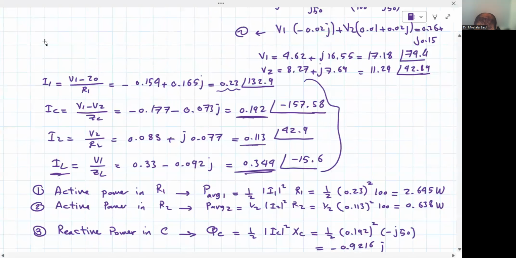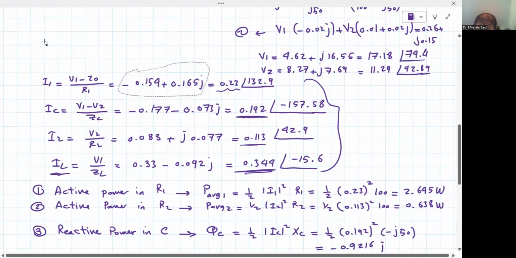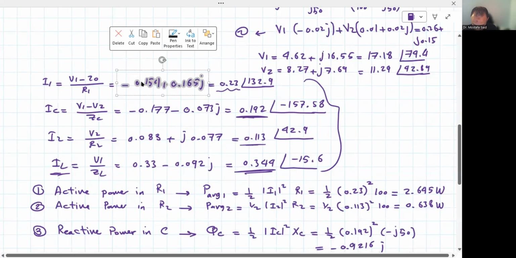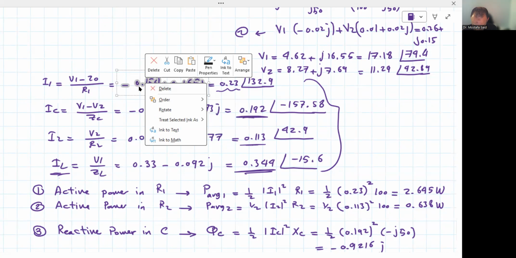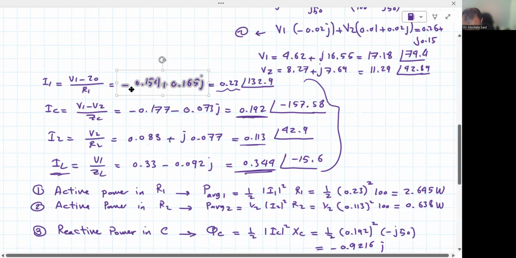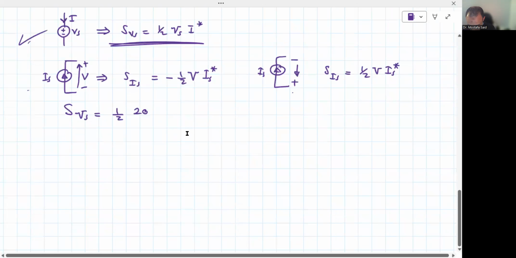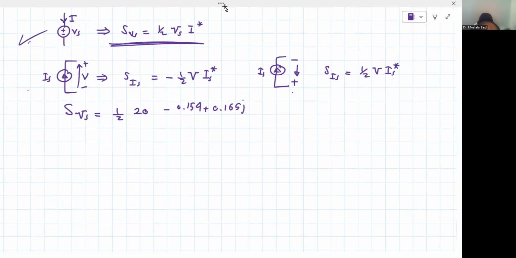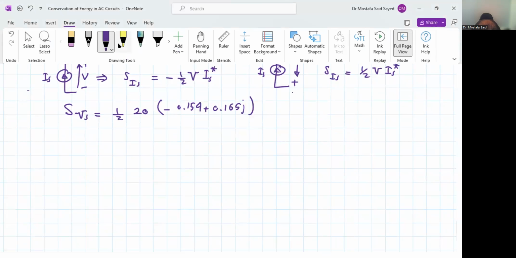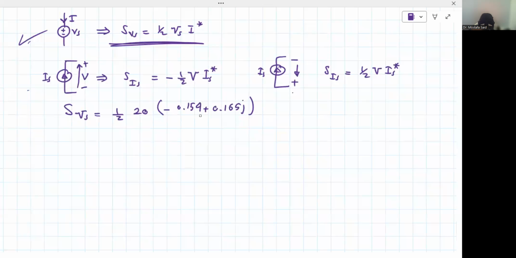Let's copy and paste, that's much faster. Copy this. I'm going to put parentheses, but remember the conjugate, so we're going to flip the sign of the imaginary part.